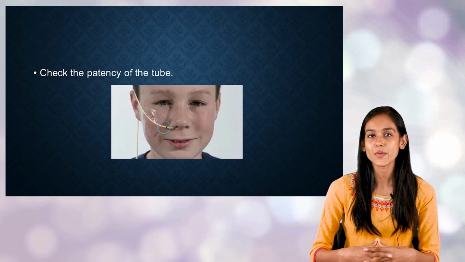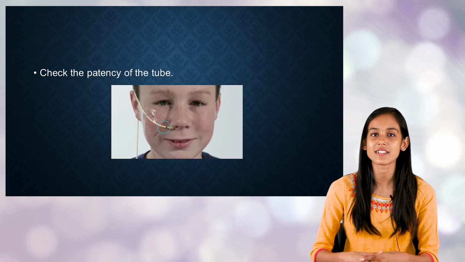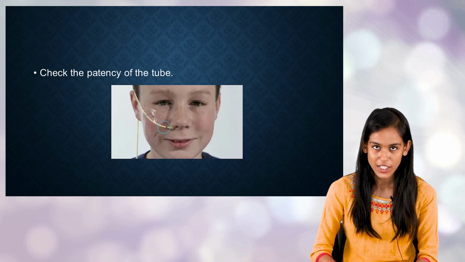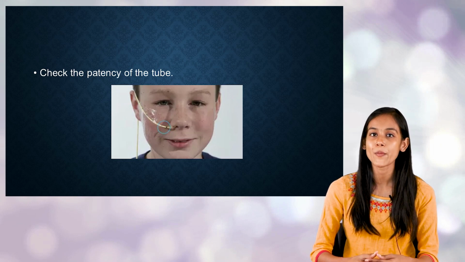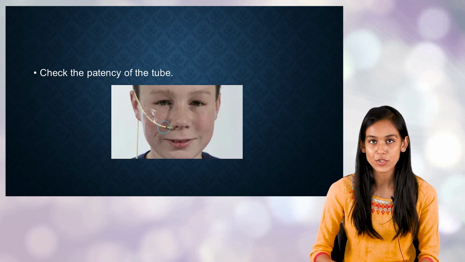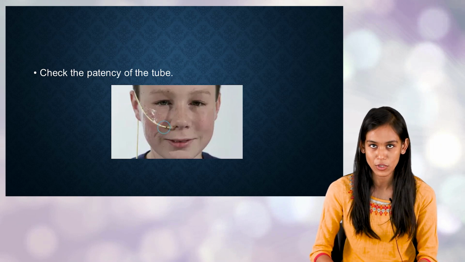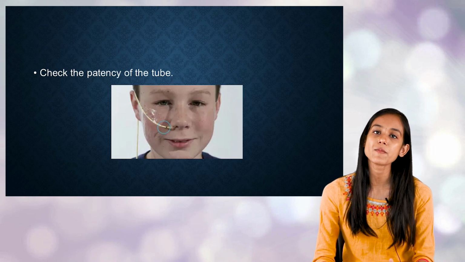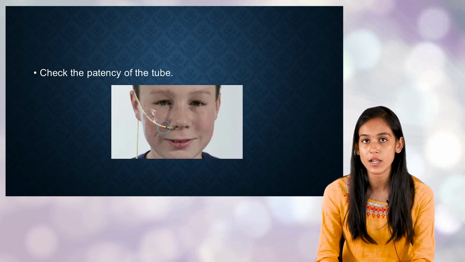Now, when you are done with inserting the tube, the next thing is checking the patency of the tube, right? It is very important to check the patency of the tube, or to check the location, whether the tube is in the stomach or not. It is very important for the nasogastric tube to be in the stomach.